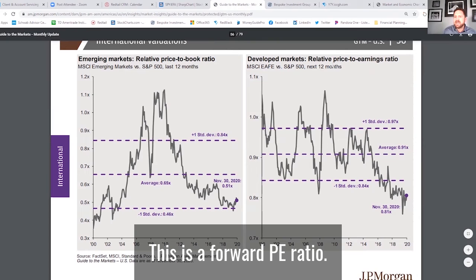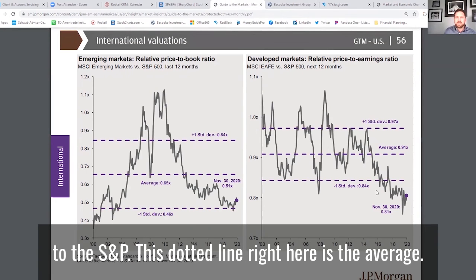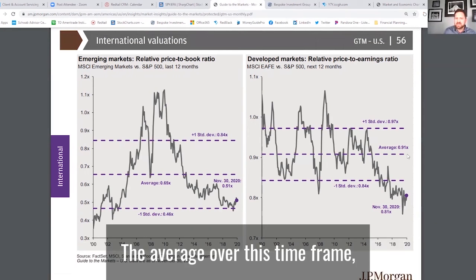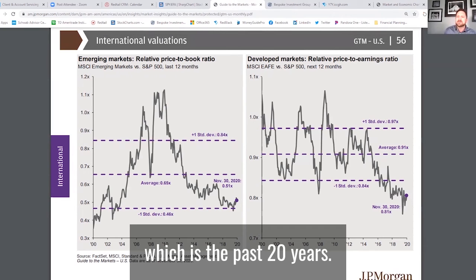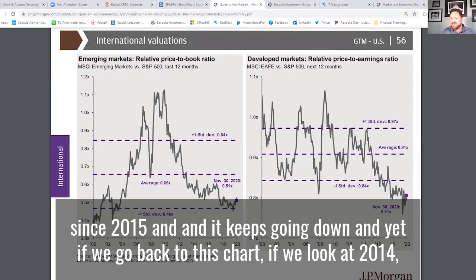This is a forward PE ratio, and when this line goes down, it means that international is cheaper relative to the S&P. This dotted line right here is the average over this time frame, which is the past 20 years. You see that international has been cheap relative to the United States really since 2015, and it keeps going down.